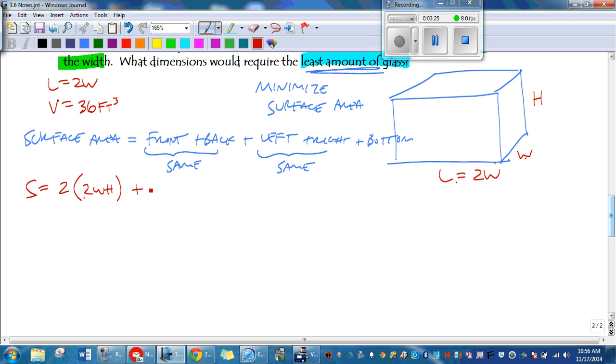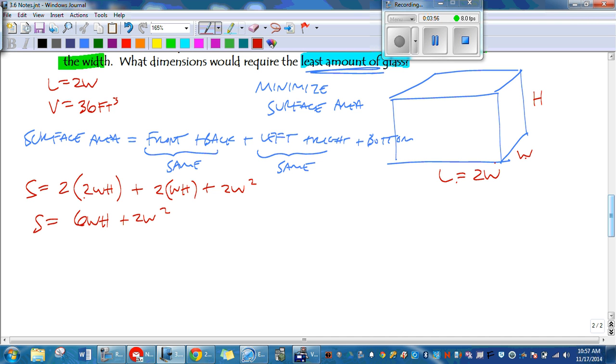Plus, we have a left side and a right side that are going to be the same, so I'm going to do 2 times the area of one of those sides. So the area of the right side here would be W times H. And then how about the area of the bottom? 2W squared. So let's simplify this and combine things a little bit. We have 4WH here plus 2WH, so we get 6WH plus 2W squared.